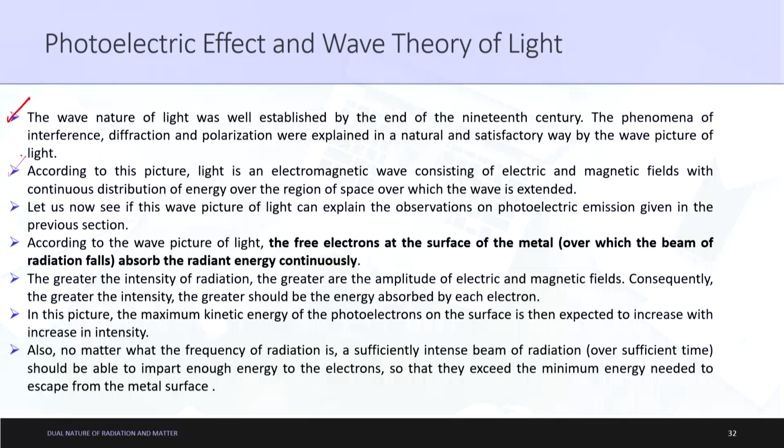Now the next thing is, according to this picture, light is an electromagnetic wave consisting of electric and magnetic fields with a continuous distribution of energy over the region of space over which the wave is extended. Okay, what does it try to say?